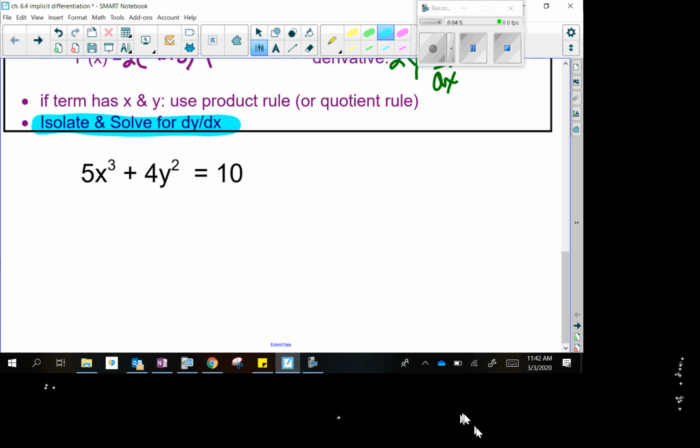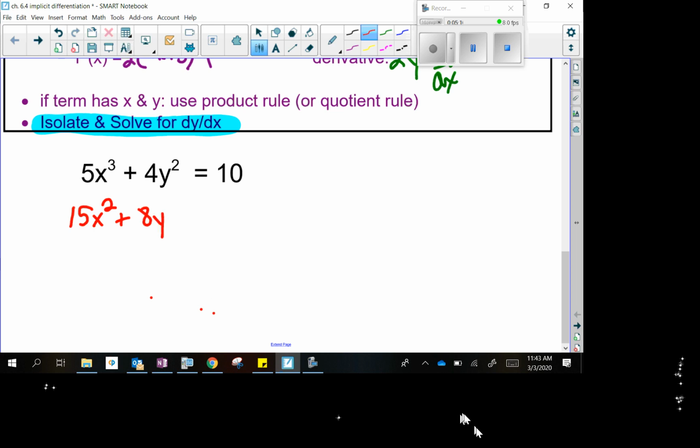Again, when the term has no y in it, all the same rules apply. So if I want to take the derivative of 5x to the third, that would be 15x squared. And on 4y squared, I take the derivative just like it's an x, so that would be 8y.